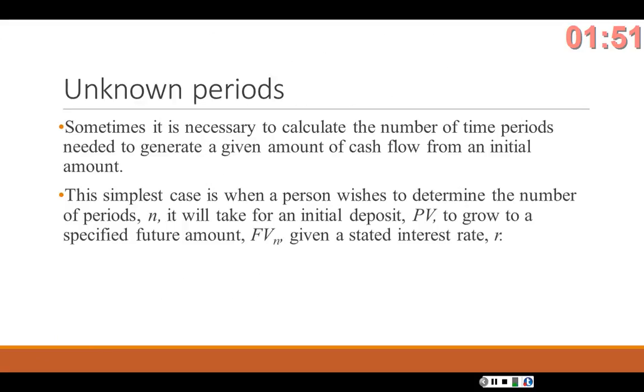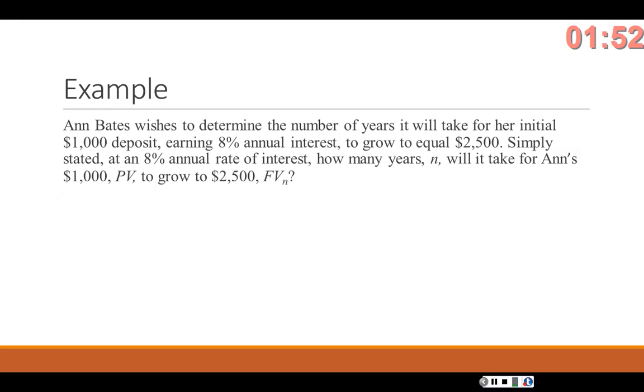So we already solved for n when we were talking about time to double. But sometimes we are interested in solving for the number of time periods it takes for a cash flow to grow to a certain amount. So Anne wants to determine the number of years it will take for her initial $1,000 deposit to grow to $2,500.